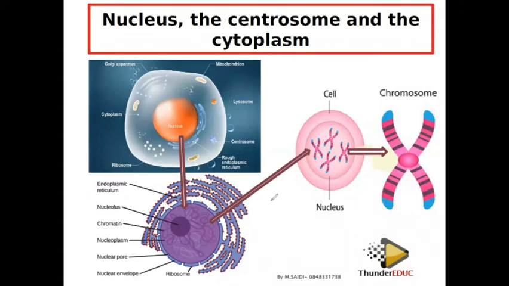You know the structure of the nucleus, and it contains these parts. These are the parts of the nucleus, all right? Let me also include the ribosomes there. These are part of the nucleus. Where is the nucleus? The nucleus is found in a cell, all right? This is a cell.